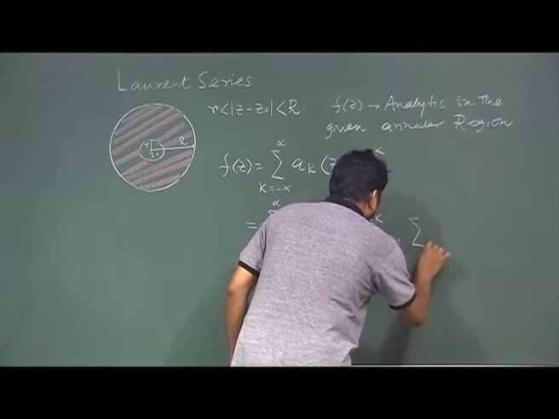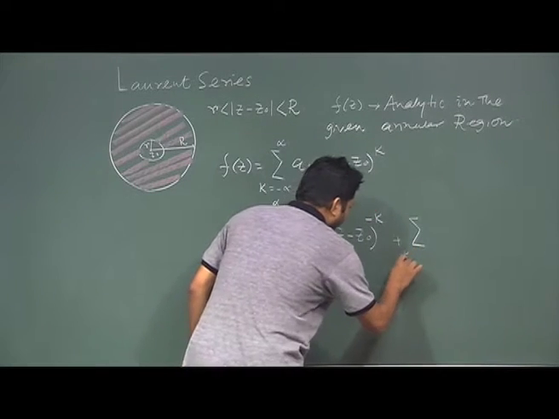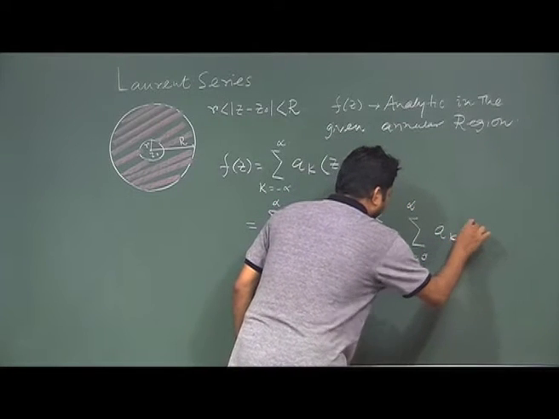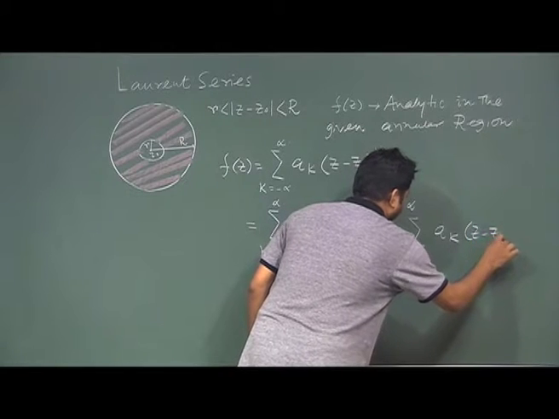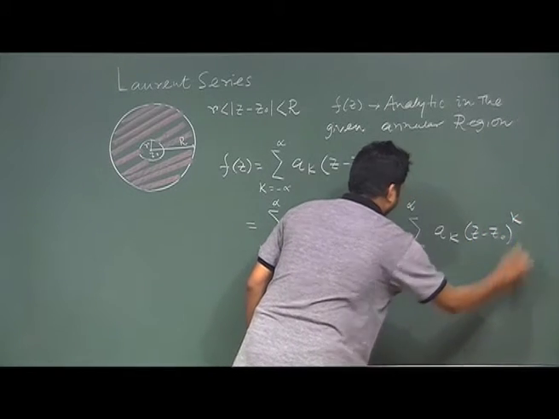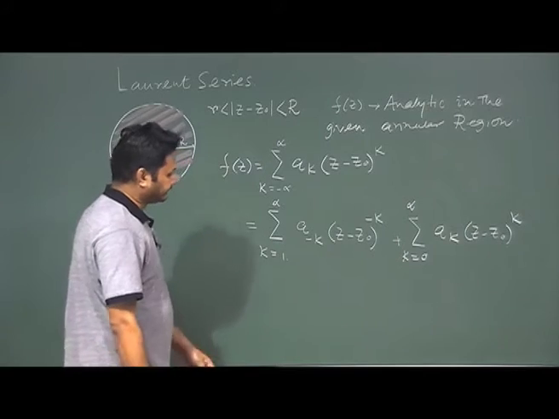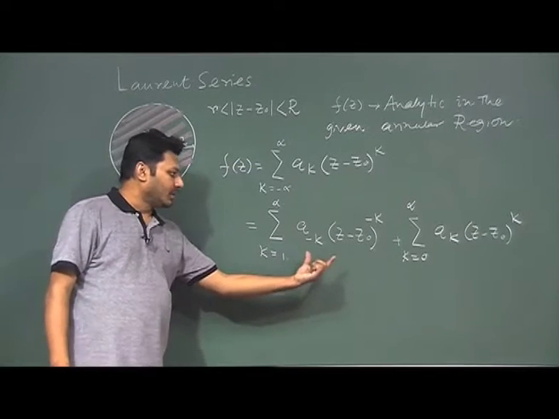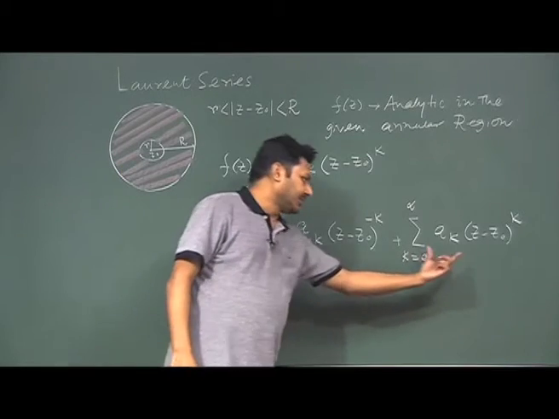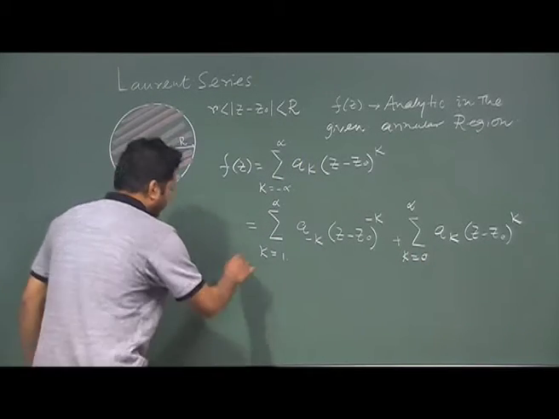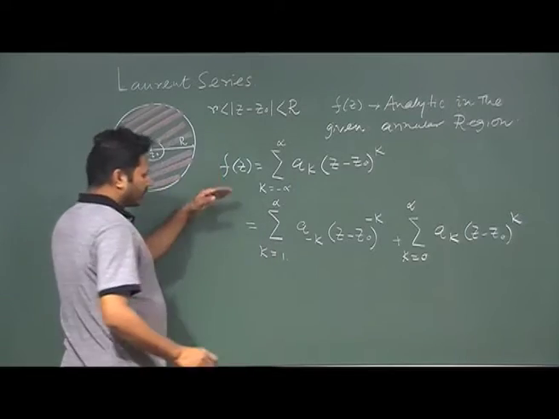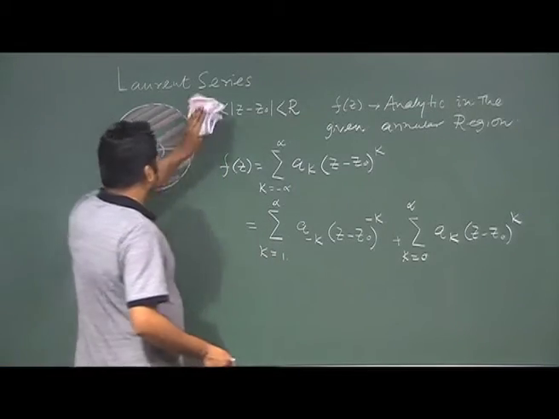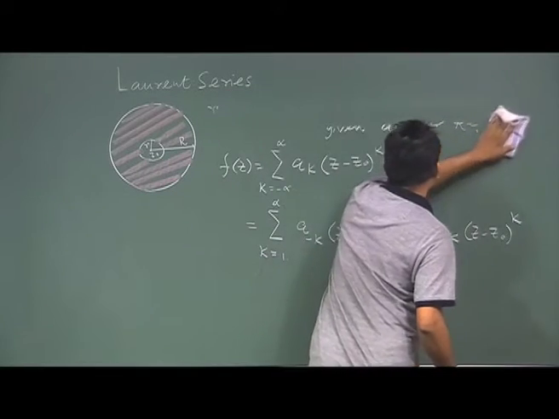And the next part is as usual, the sum from k equal to 0 to infinity of a_k (z - z0)^k. I divide the entire stuff into two parts, one is this and another is this.